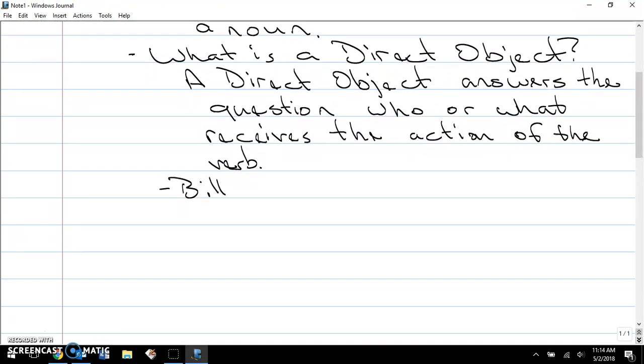Bill hit the ball. And then ask yourself, who or what did Bill hit? The ball. Direct object is ball. Okay?